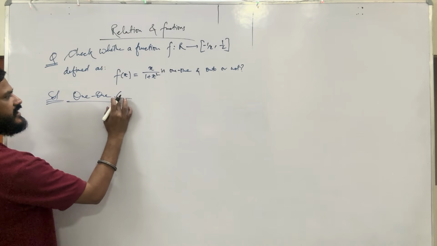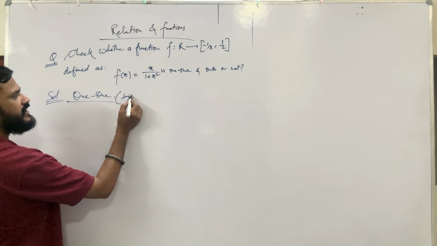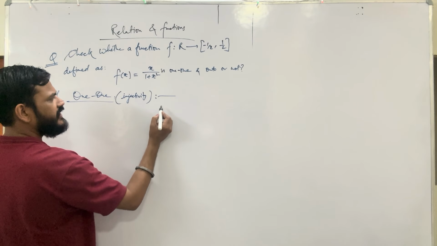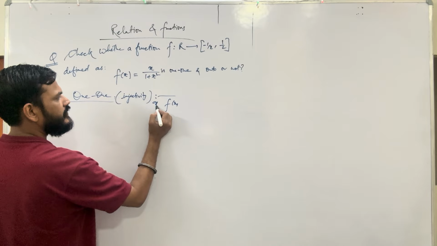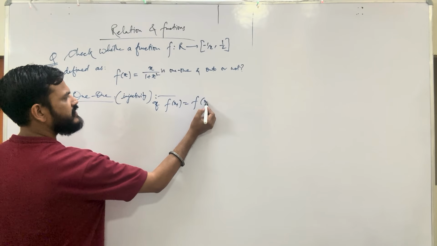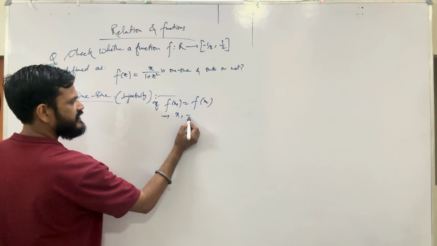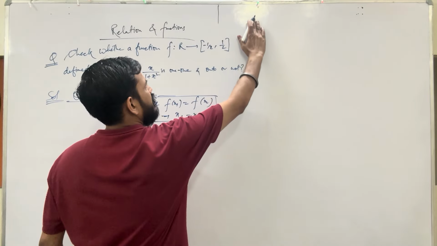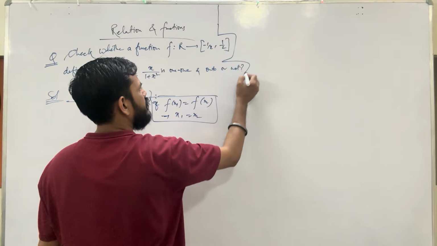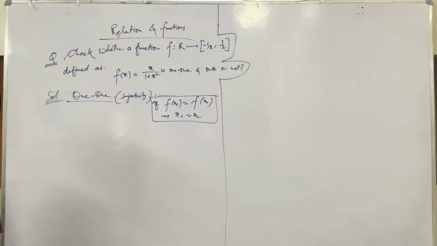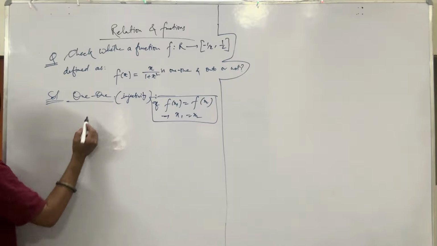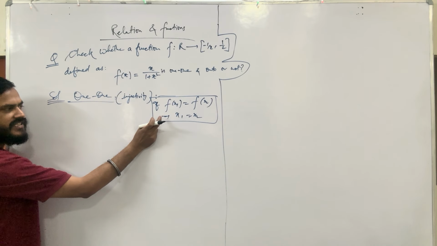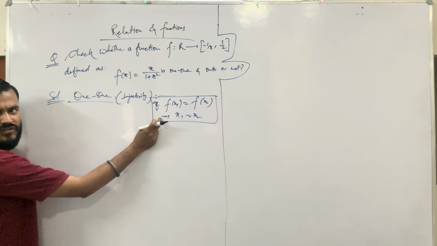1-1 means injectivity. So we'll check injectivity first. We know for injectivity the condition is if f of x1 is equal to f of x2, this implies that x1 equals x2. If this condition is satisfied, the function is 1-1. Now we impose this condition and see whether we get x1 equal to x2 or not.